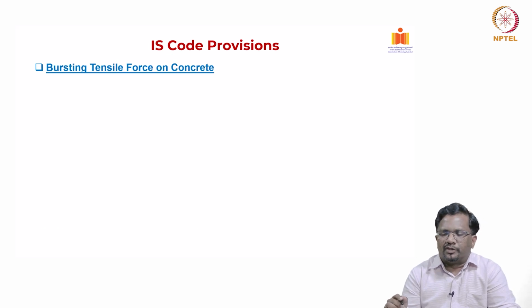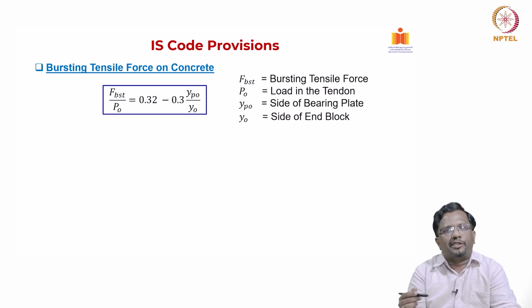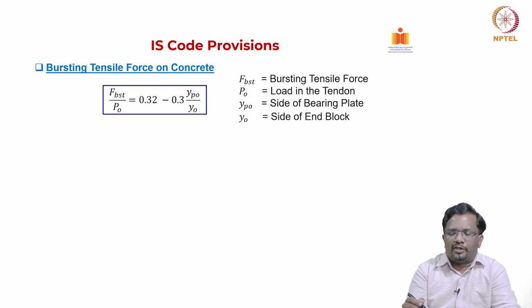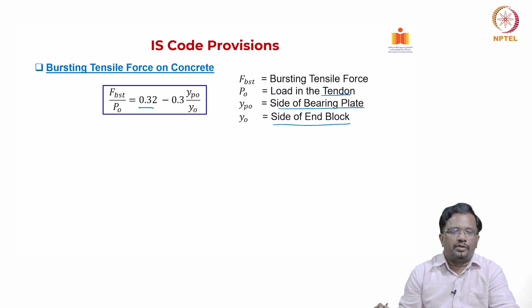Now, what is the bursting tensile force on the concrete? I need to use that for design. The code gives you a very simple expression. The bursting tensile force is taken as 0.32 minus 0.3 times Yp0 by Y0, times P0. P0 is the load in the tendon, Yp0 is the side of the bearing plate, Y0 is the side of the end block, and Fbst is the bursting tensile force.